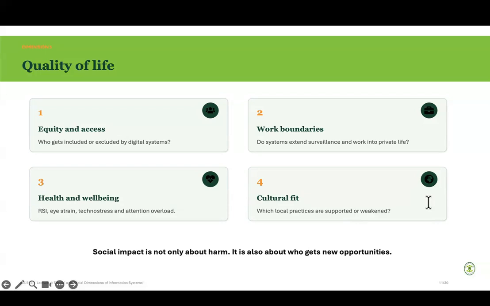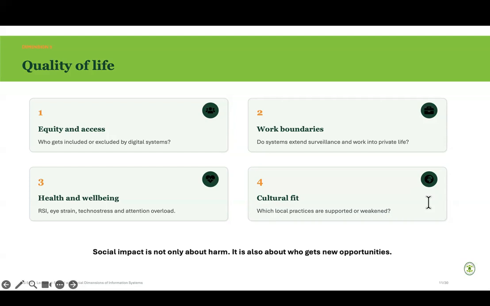Now, also note that the social impact of technology is not only negative. Information systems can expand access to a lot of things. It can expand access to education, finance, health services, and even markets.